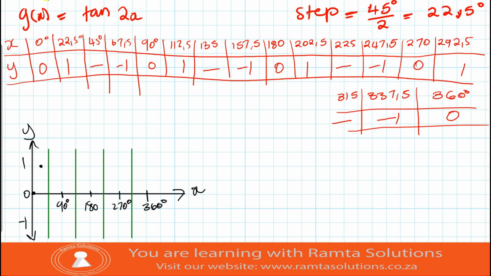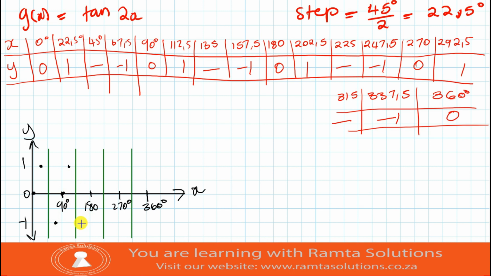Now, let's continue. When x is 45, it's undefined. When x is 67.5, we get -1. When x is 90, we get 0. When x is 112.5, we get 1. When x is 135, we get undefined. When x is 157.5, we get -1.